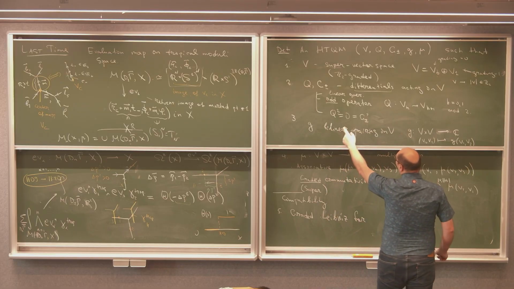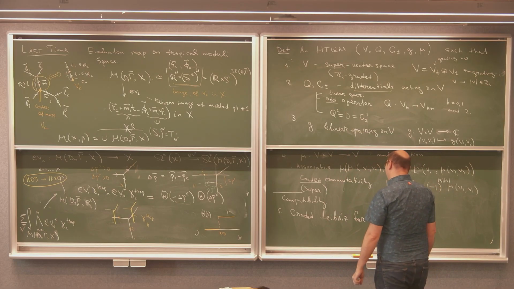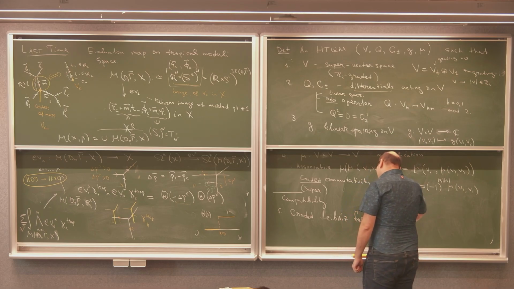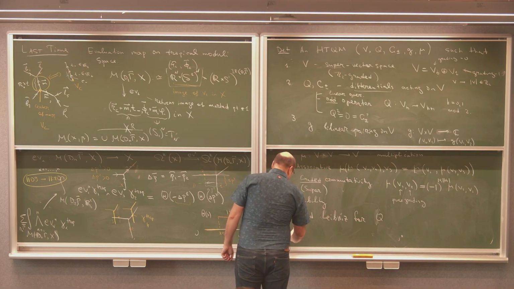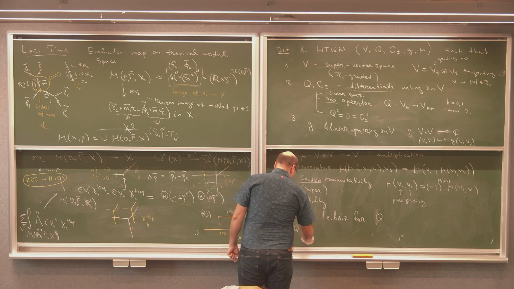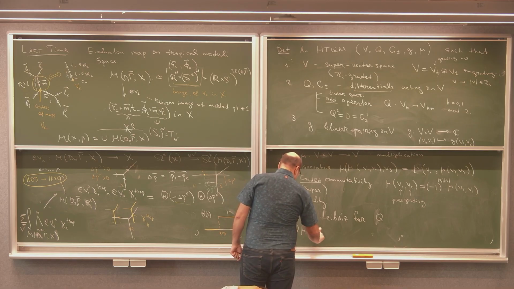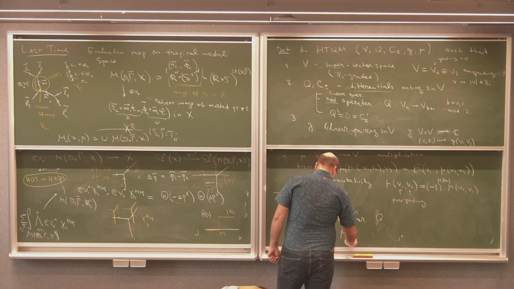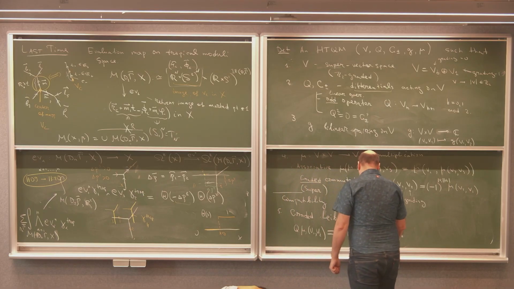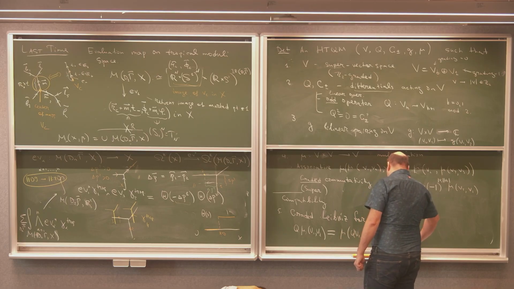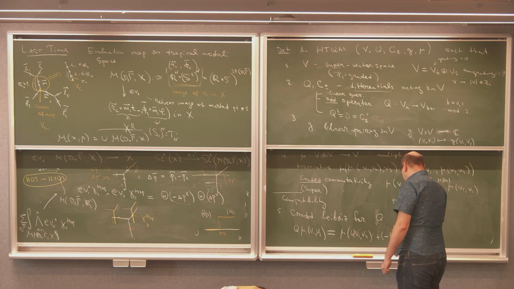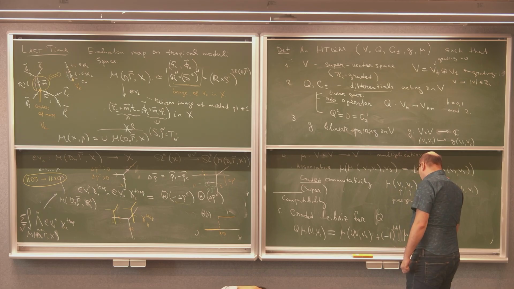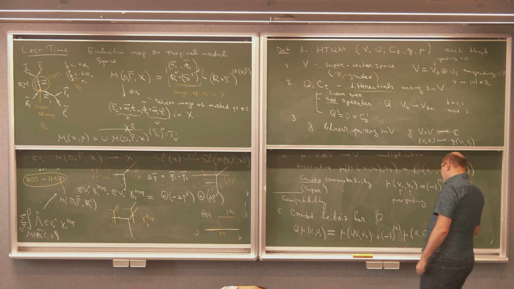Even though all three objects, Q and G plus minus, are differentials, we only impose graded Leibniz for Q. It means that Q acting on a product of two vectors is given by the following. This is a plus sign, Q acting on the first argument, and here we have an additional sign, the parity of V1, and here V1 times Q acting on the second.